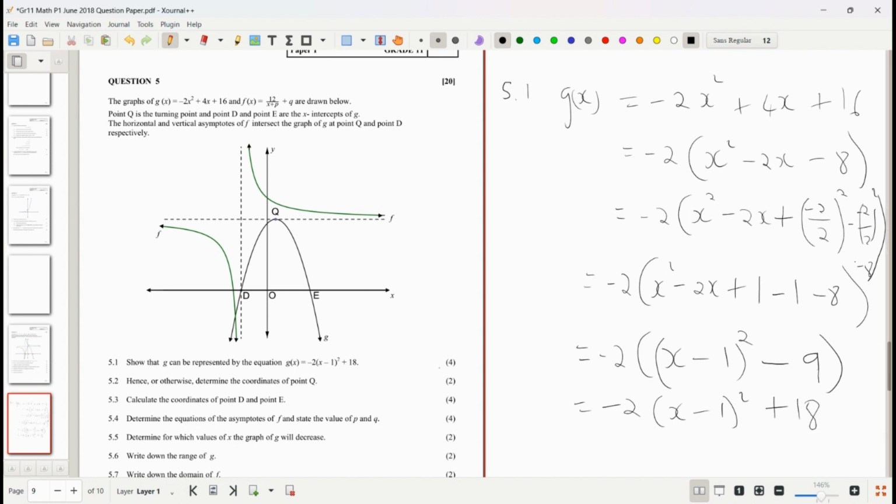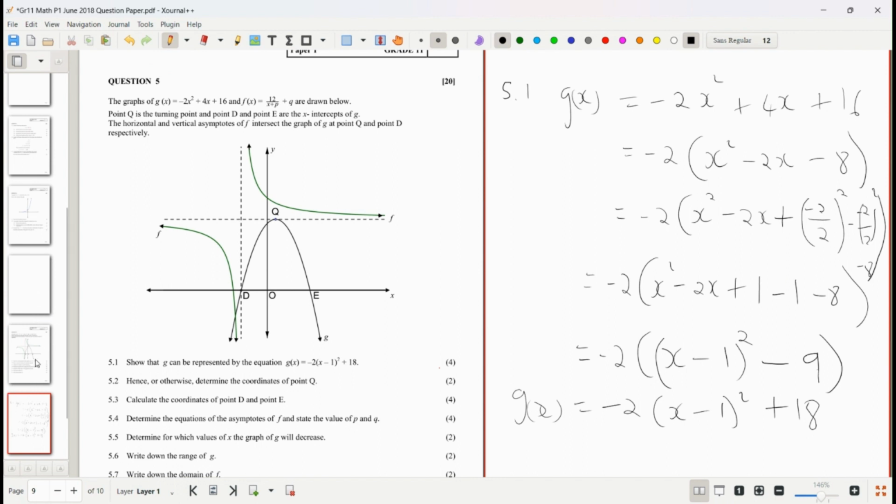So we can see it's the same as this one. So our g of x will be equal to this. So we have shown that this g of x here can be represented as the one here, by completing the square. Okay, I hope you got that right.